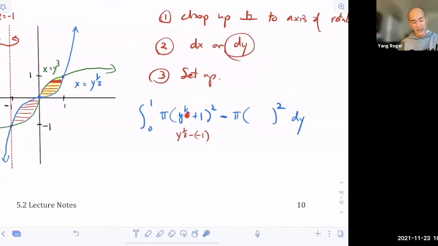I hope you're not asking about this, but in case you were, again, the distance from here to here is y to the 1/3 power, and the distance from here to here is 1. So that total distance would be y to the 1/3 plus 1. That's one way to think about it. The other way to think about it is, what's the x value for this curve?